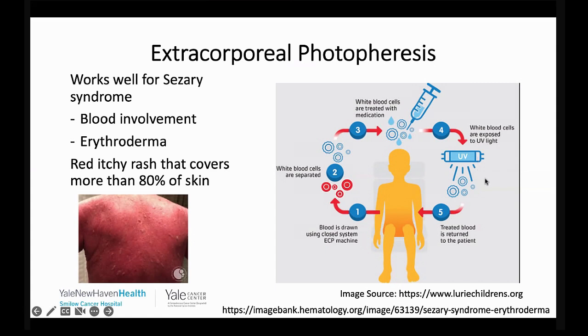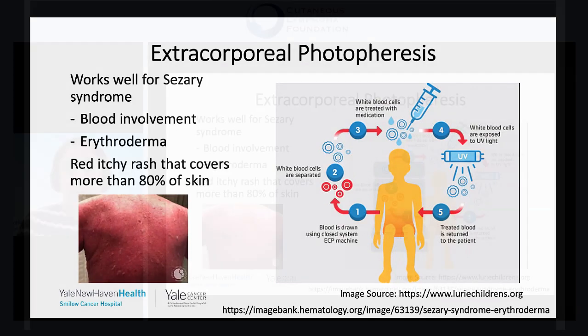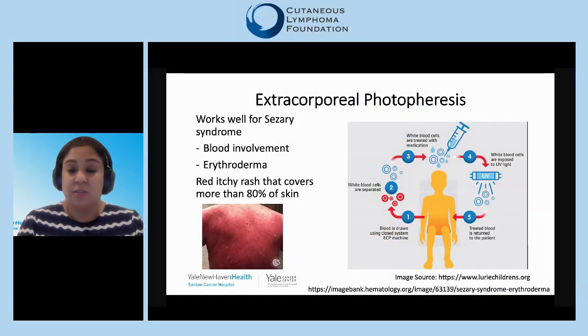And then these treated white blood cells are returned back to the patient. It's a form of immunotherapy, and like I mentioned, it really works well for patients with Sézary syndrome, and really has limited side effects. So it's a great option for patients with Sézary syndrome, especially early on.